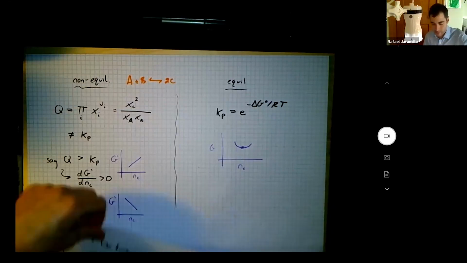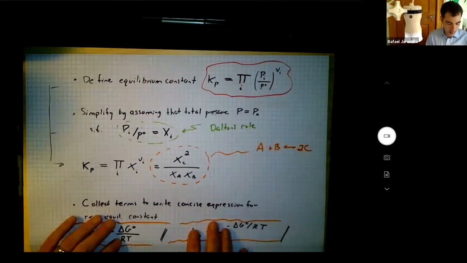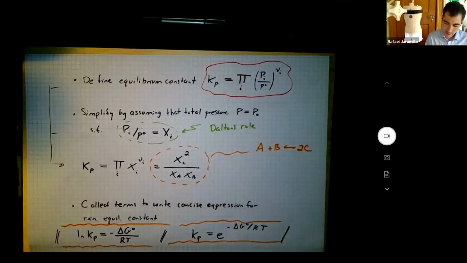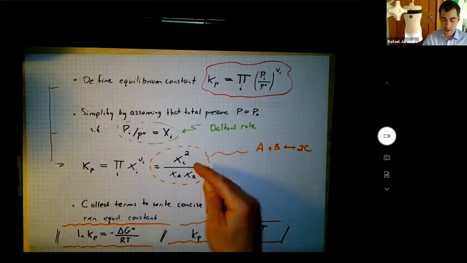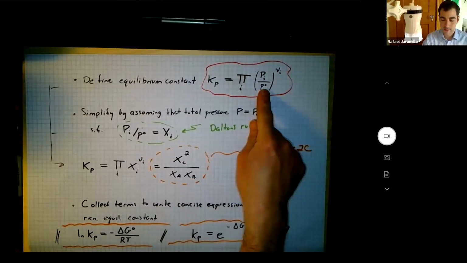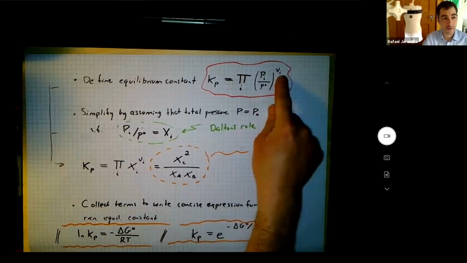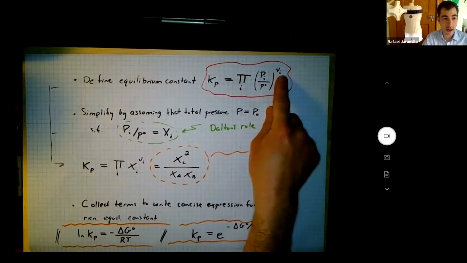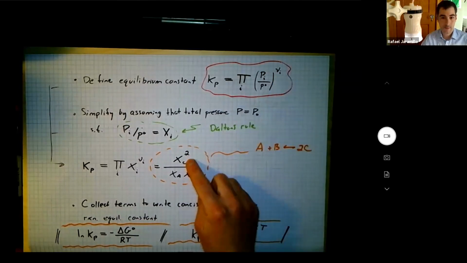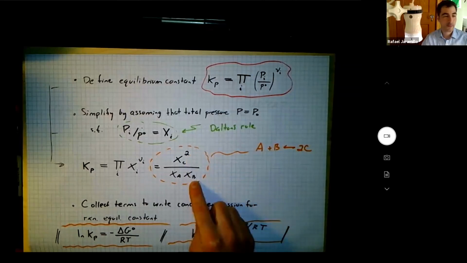This is a point from last lecture, but I'd like to make sure that people understand how we get this numerator denominator thing out of this expression. Remember, the reaction coefficients are positive for products and negative for reactants. So products end up with a positive power, and reactants end up in the basement here with a negative power.